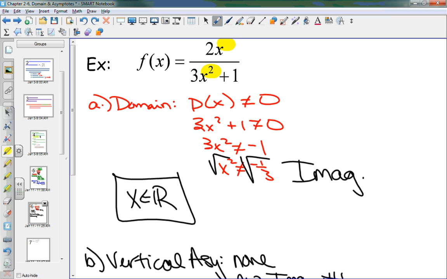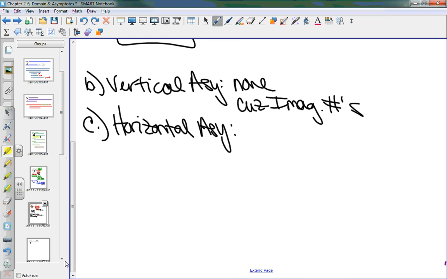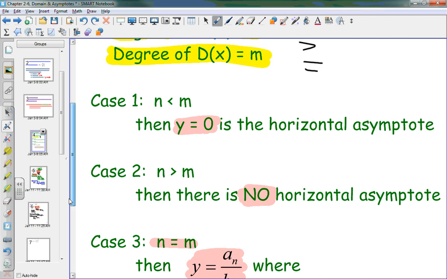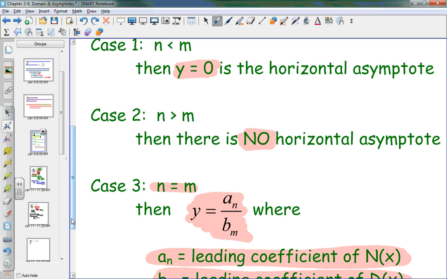So now what is going to be my lovely little asymptote? Well, n is going to be 1, m is going to be 2. So what is the relationship between n and m? N is less than m, and since n is less than m, is that case 1, 2, or 3? It's case 1, so what's my horizontal asymptote? Y equals 0.